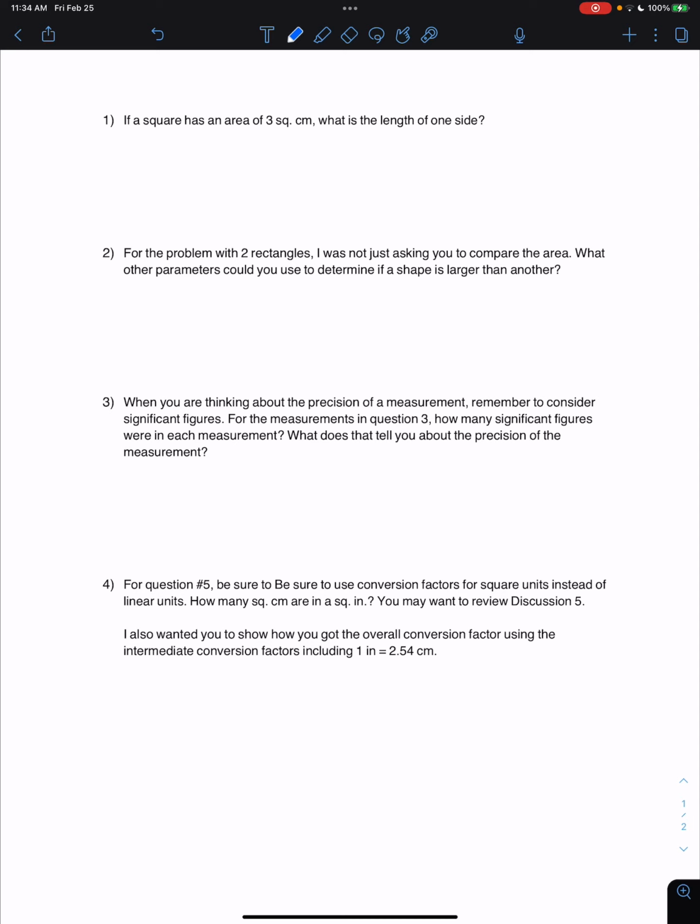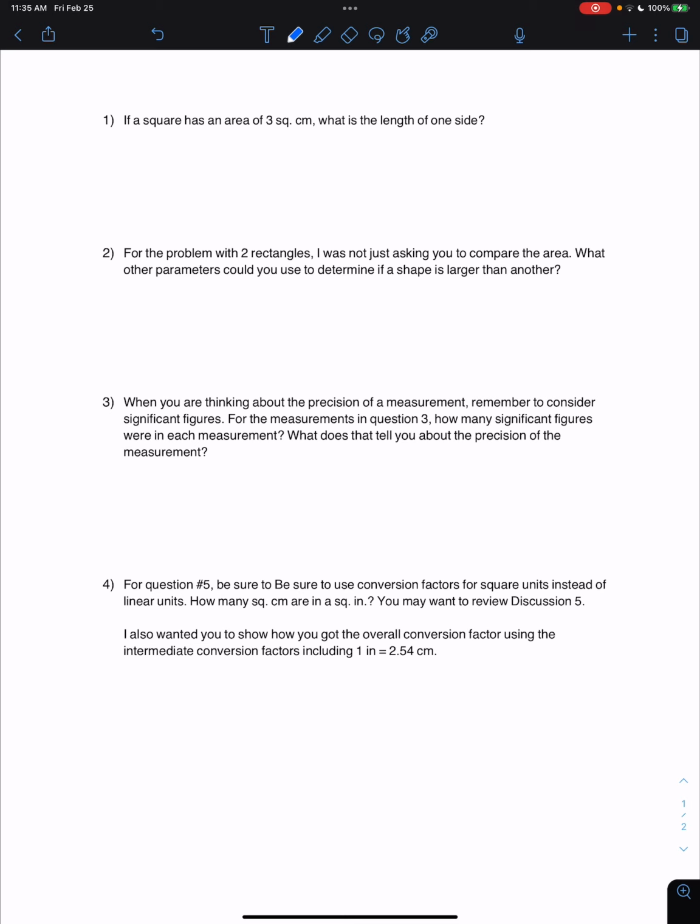So for the first one, you all were really good at identifying that Joe was wrong and that the real area of the square that he drew was actually 9 square centimeters, 3 centimeters on each side.